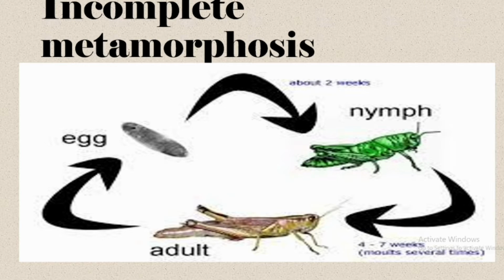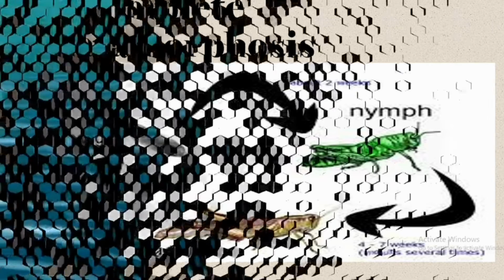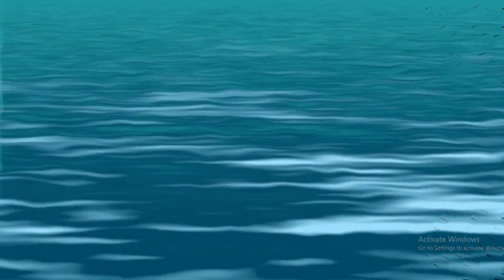The egg changes to become the nymph. The nymph becomes the adult. So the origin is the egg, and the egg changes to the nymph, and the nymph becomes adult. A close look at the nymph and the adult, there is a great resemblance. The only difference could be one is younger and the other is well developed.